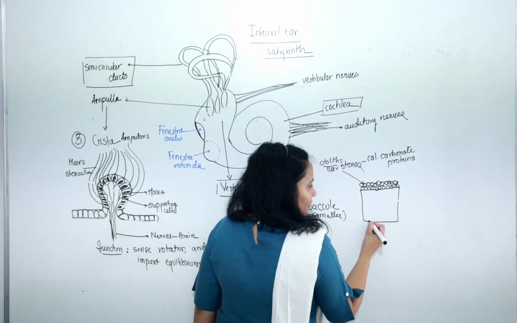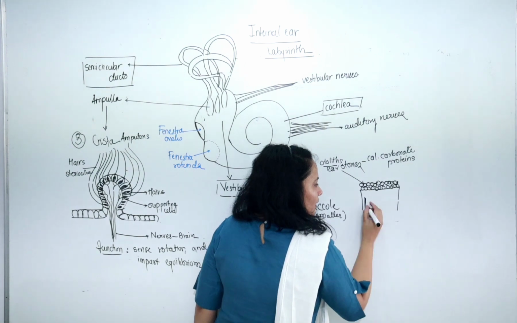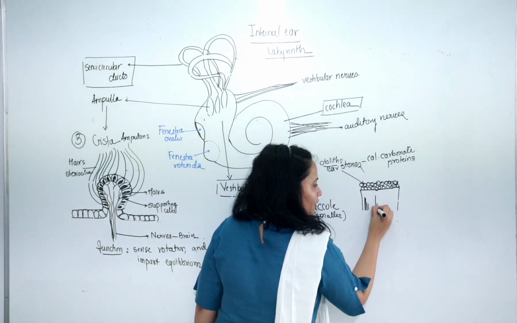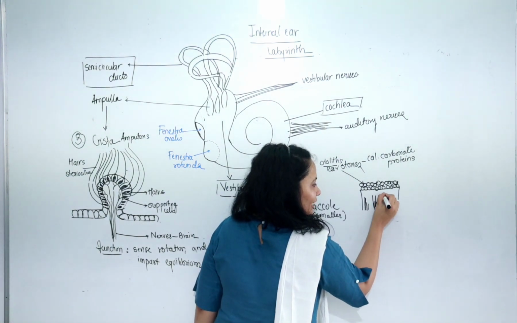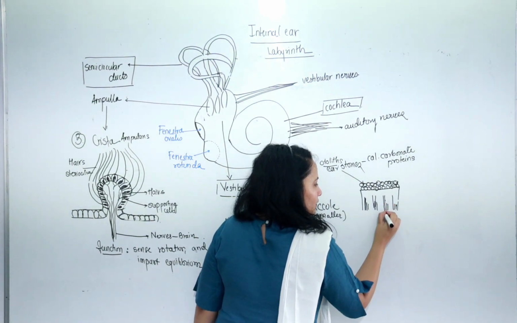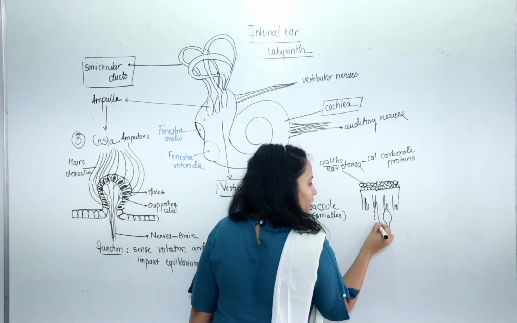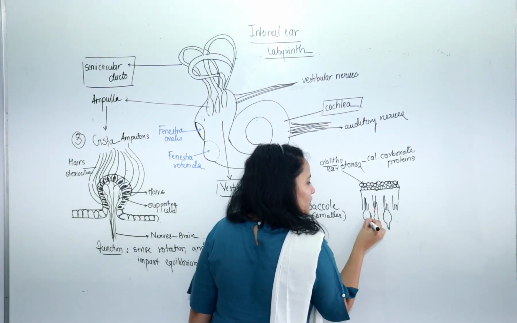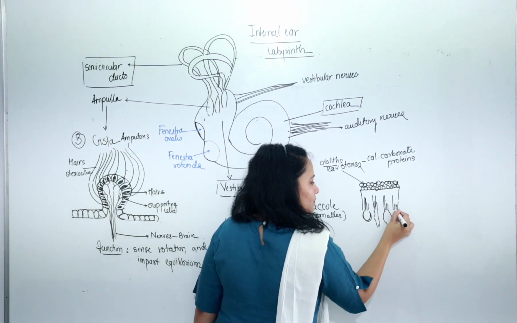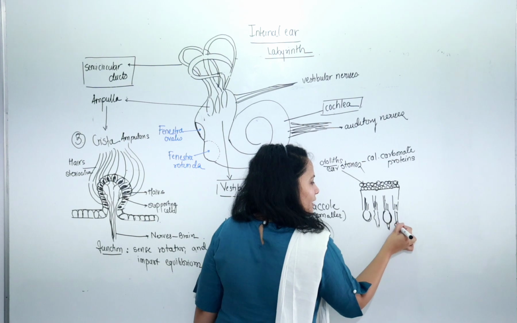Just beneath that, it bears hairs which are distributed in different lengths, and there are hair cells present of 2 different shapes. One is thin and another one is bulged in shape. So these are the hair cells.